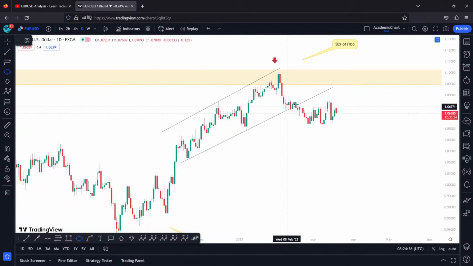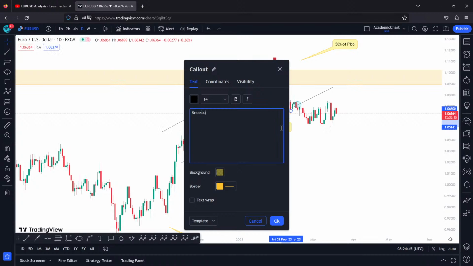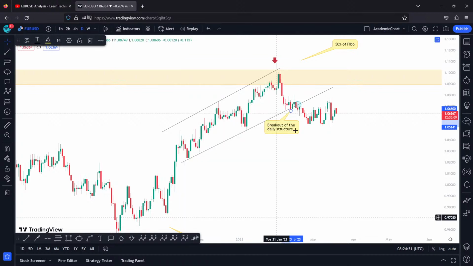We know that it has been broken here. So this daily structure has been broken. Here is the breakout of the daily structure. And also we have seen a retest recently. It was the point of our previous analysis.